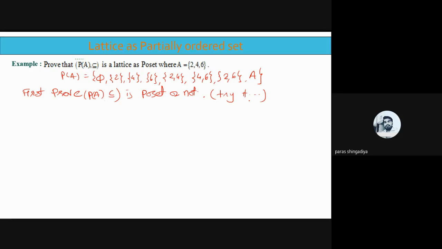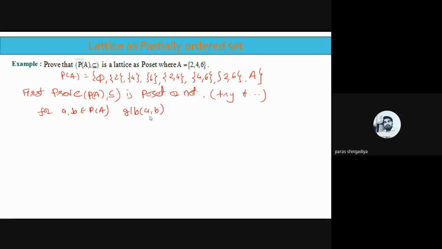The type of questions we already did in the last lab, I think. So P of A with subset is poset or not. First prove that, meaning you have to check the reflexive, antisymmetric and transitive conditions, and all will be verified. And now the next one: for A, B belonging to P of A, GLB of AB, and here the subset relation is given.